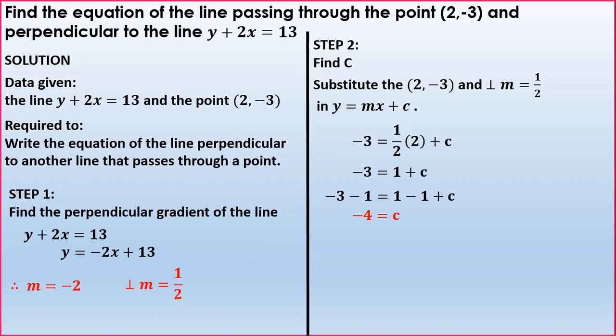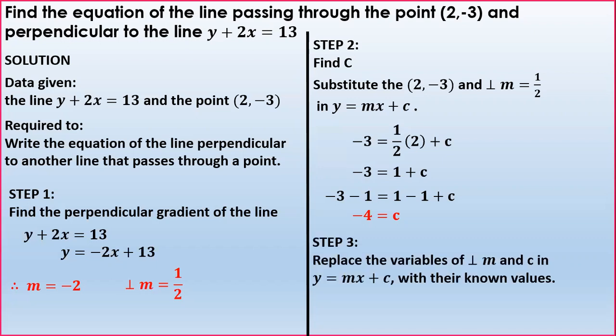Now we have our perpendicular gradient and our c. We can write the perpendicular equation. To write the perpendicular equation, we need to replace the variables of our perpendicular gradient and c in the equation y is equal to mx plus c with their known variables.